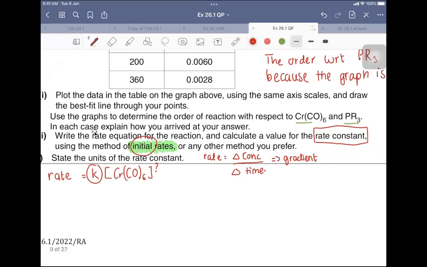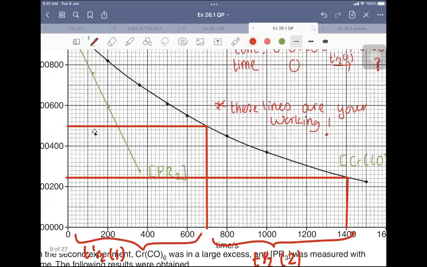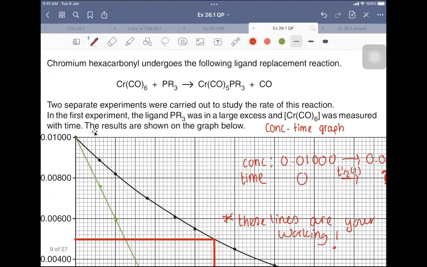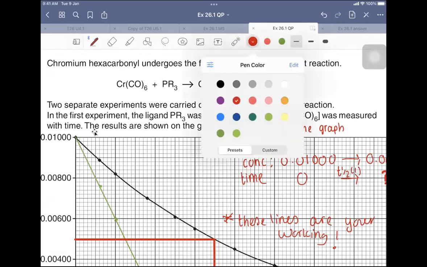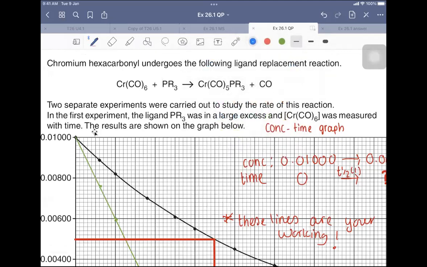So I'll just add that. Initial rate means gradient at t equals to 0. To find the gradient, you need to draw a tangent. I will use a blue line. A tangent that just touches the curve.